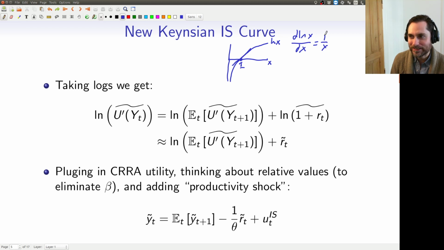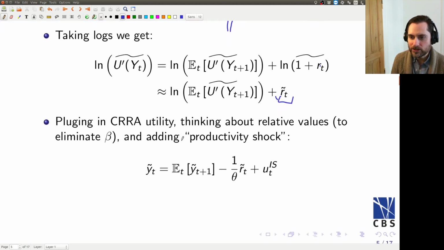So since the slope here is 1, then basically the log of 1 plus x, where x is small, is going to be just approximately equal to x. And the approximation gets worse and worse the farther away from 1 you get. But anyway, that's how we got that little number there. Okay, so we've got one interesting thing here. That's good.